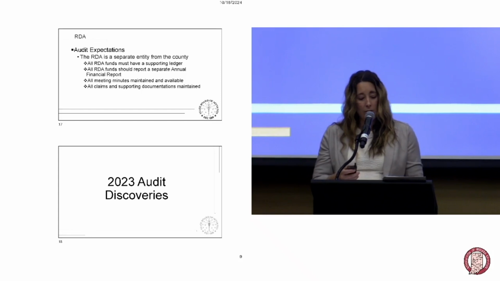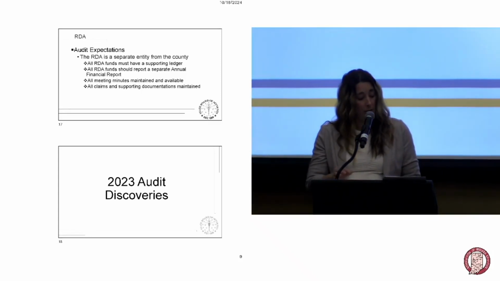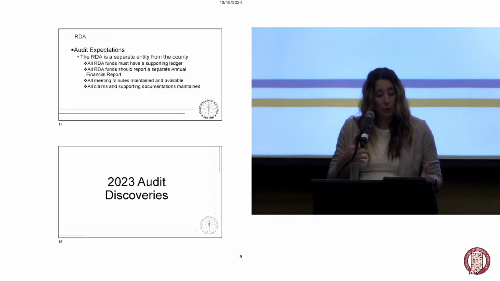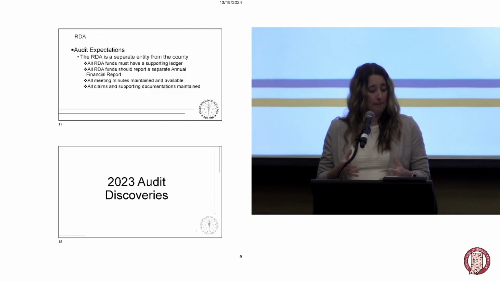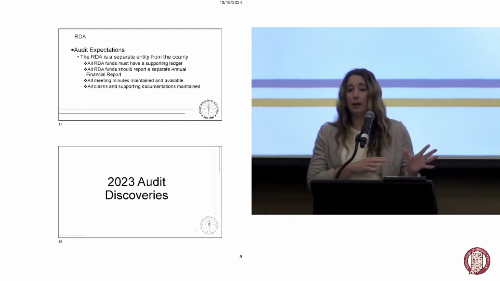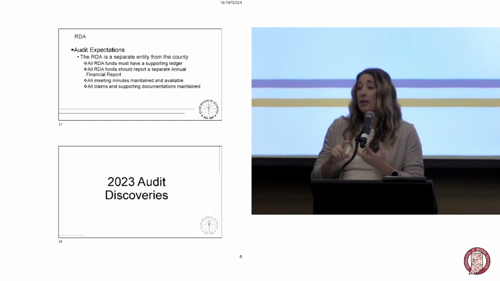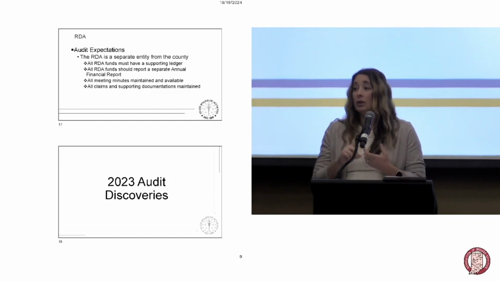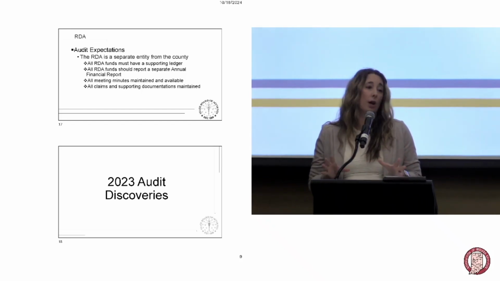So we came across really two scenarios. There were RDAs that had a separate fiscal officer from the county. Those records were being exclusively maintained by the RDA. These are the ones that were already set up in Gateway, already reporting properly, already on an audit cycle, already up and running. We didn't have to do a whole lot with those, right?